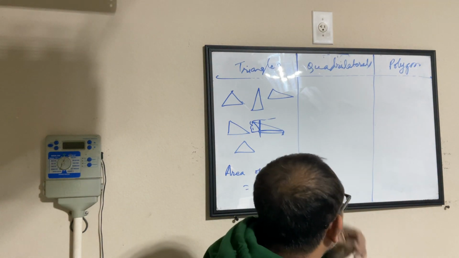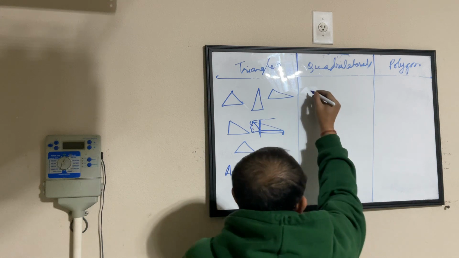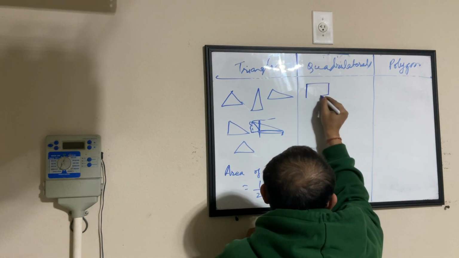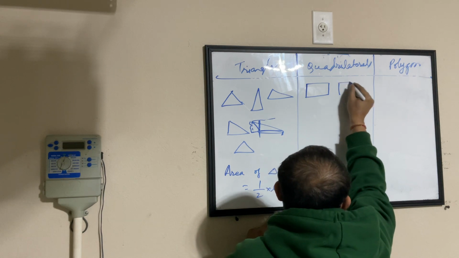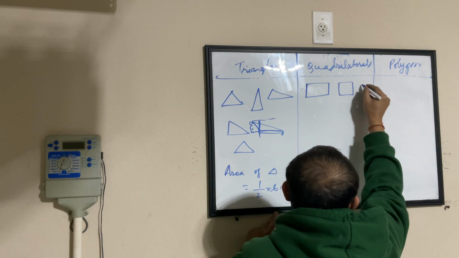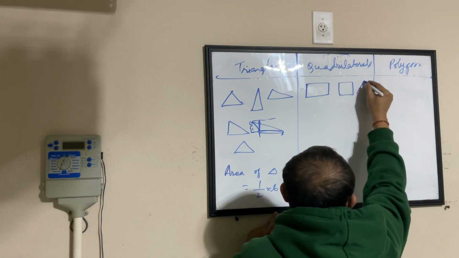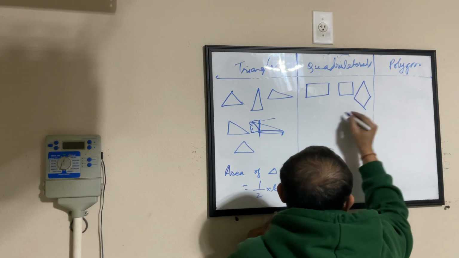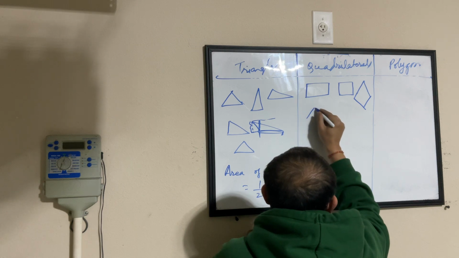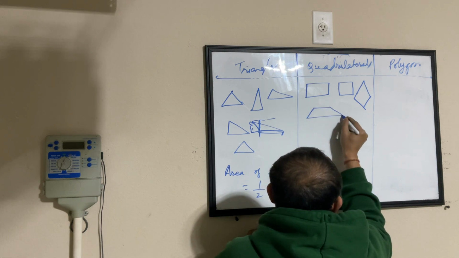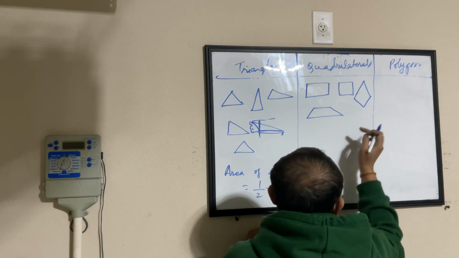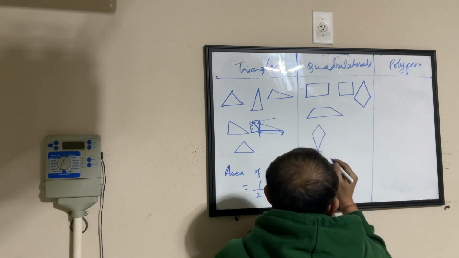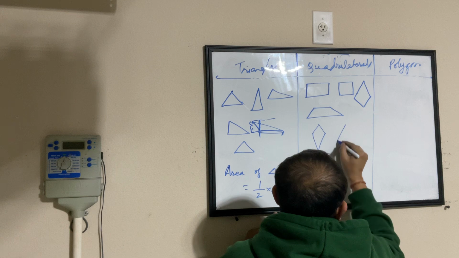Now comes the next shape. This is where we have a little more complexity in life. If you're talking about quadrilaterals, you're talking about a rectangle, you're talking about a square, you're talking about a rhombus, you're talking about a trapezoid, you're talking about a kite, you're talking about a parallelogram.